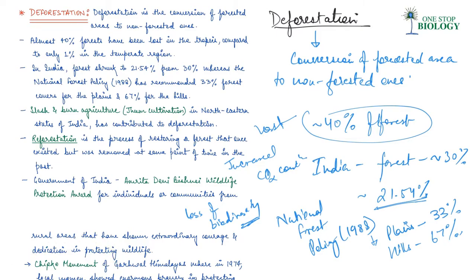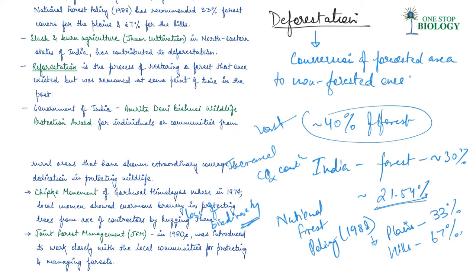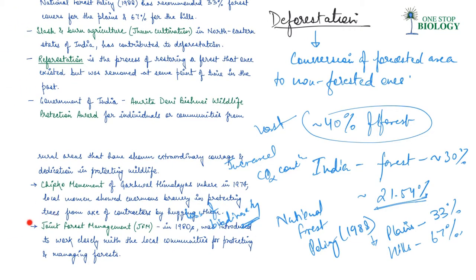In similar way, realizing the significance of participation of local communities, the government of India in 1980 introduced the concept of joint forest management. This is known as forest management in 1980s, right?